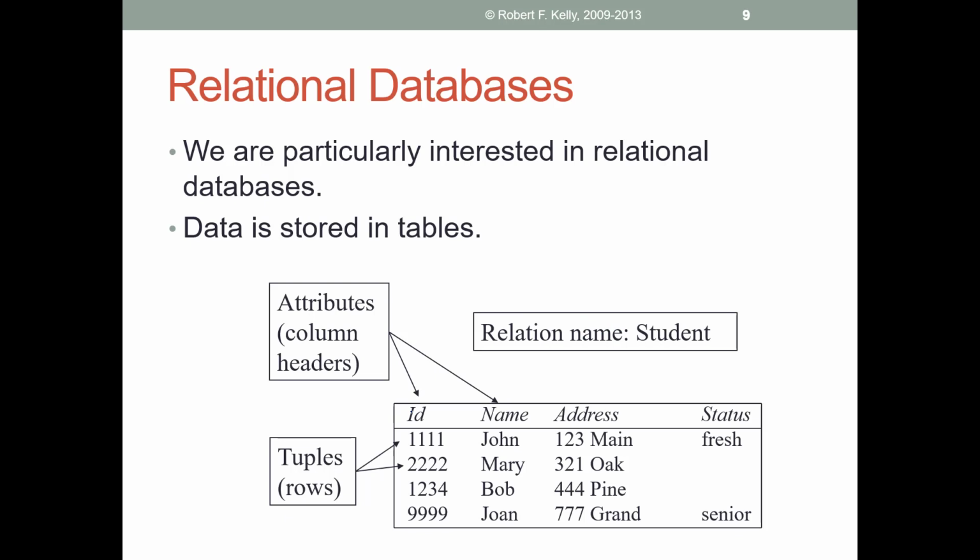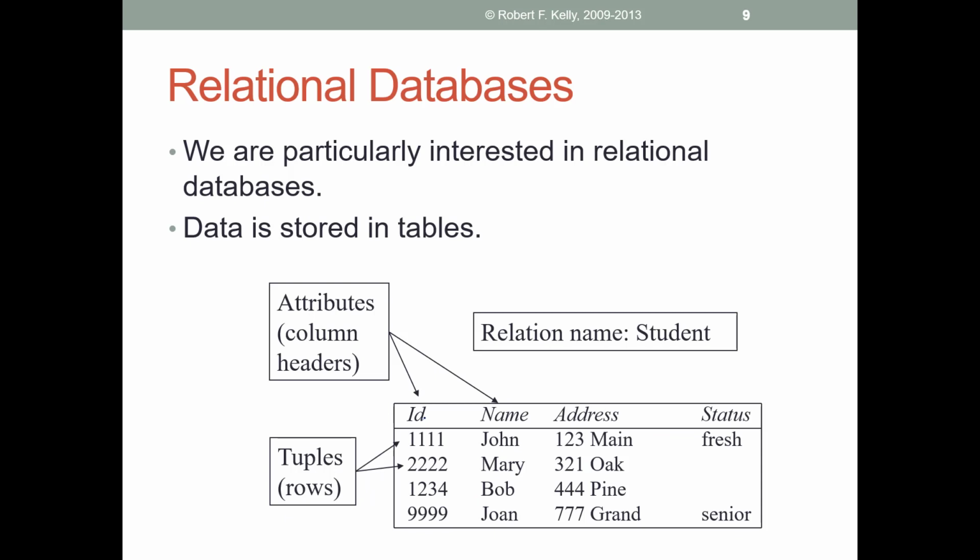Look at these columns. I have 4 columns. The first column is the ID field of the student. The second field has the name of the student. The third field has the street address of the student, and the final is the status. Is the student a freshman or a senior or what?